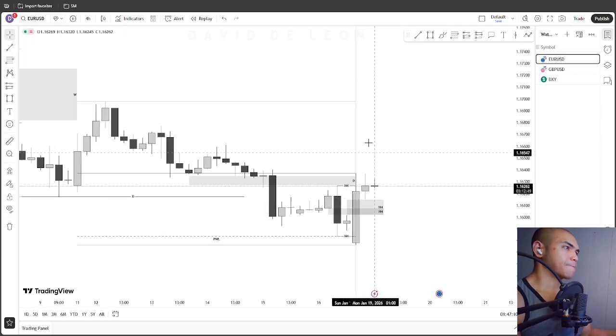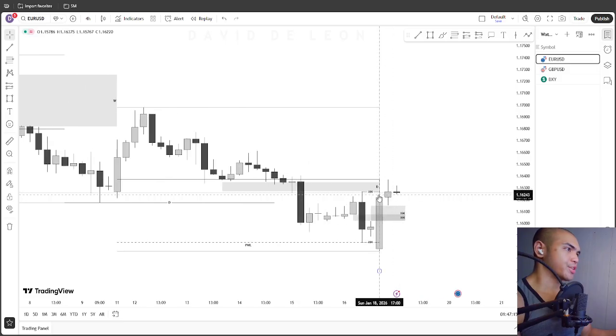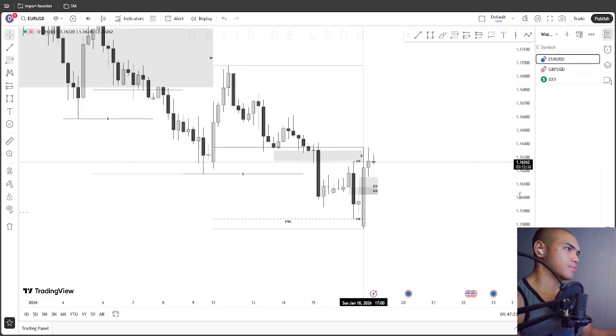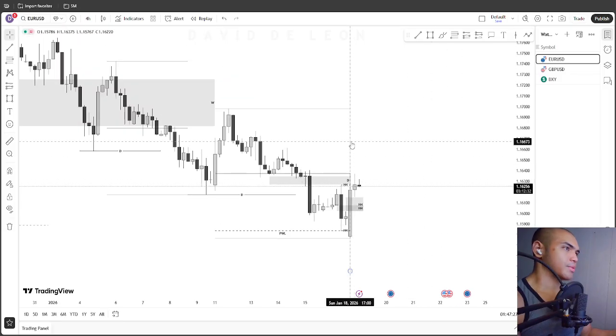But yeah, this H4 bullish market structure shift could just be a retracement to this premium zone, for the price to go lower.